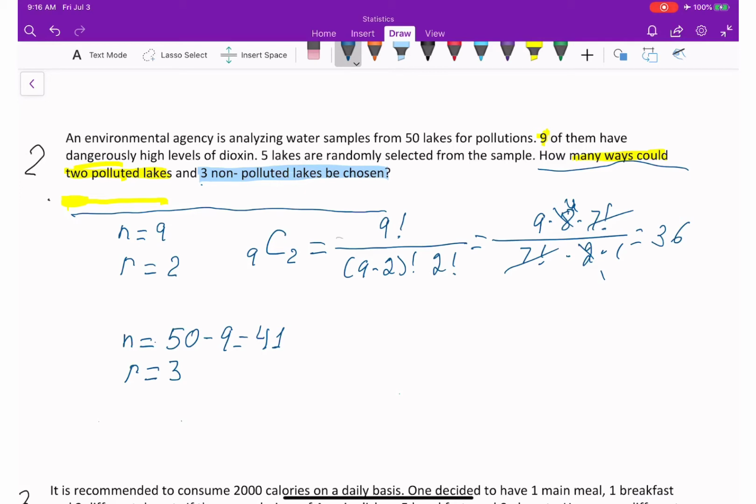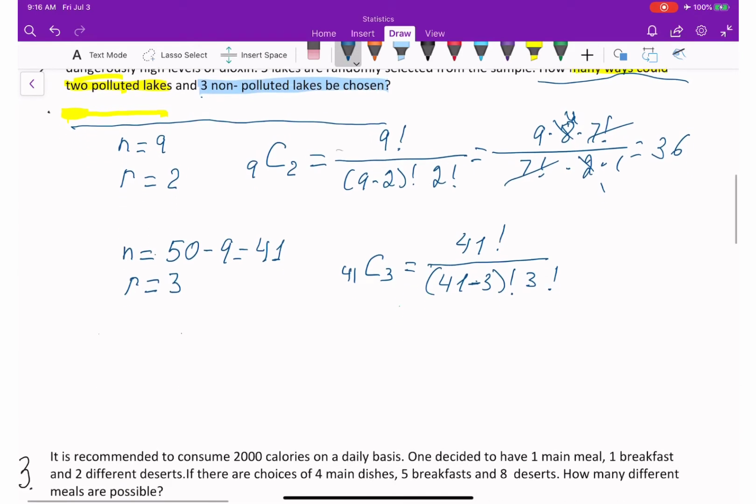So combination 3 out of 41, and because order is not important, we are using combination. So we have 41 factorial over 41 minus 3 factorial and times 3 factorial. Okay, let's solve it.